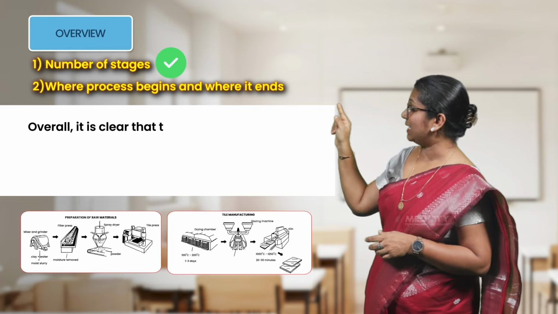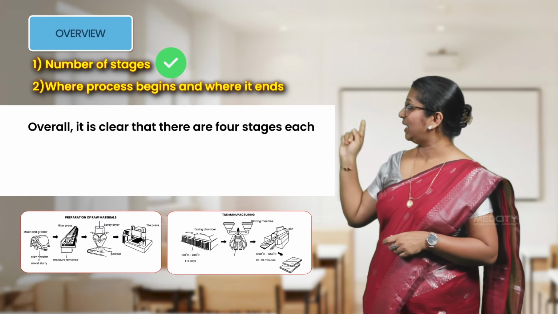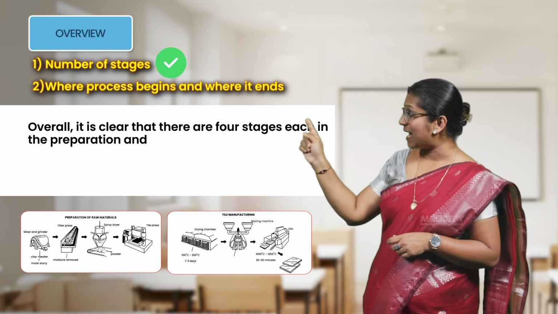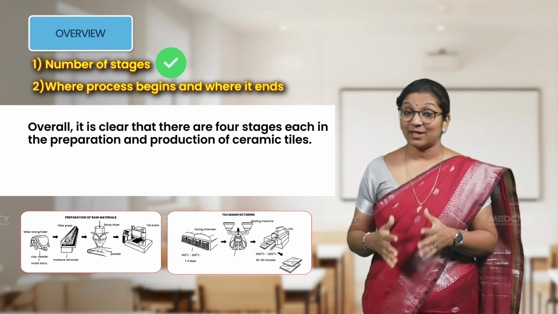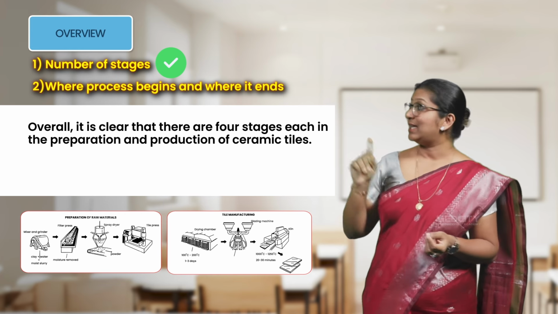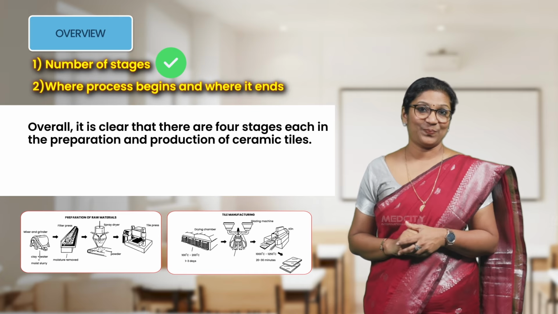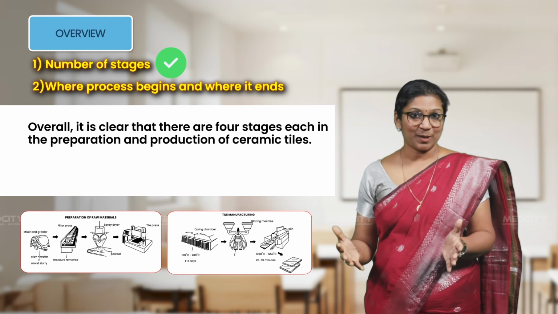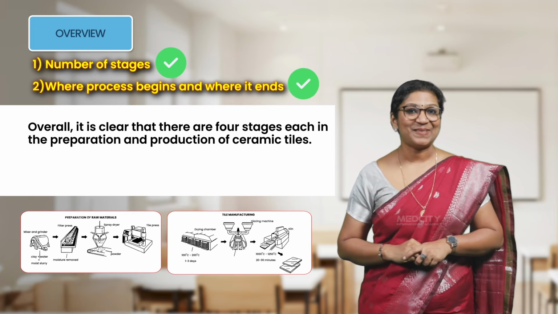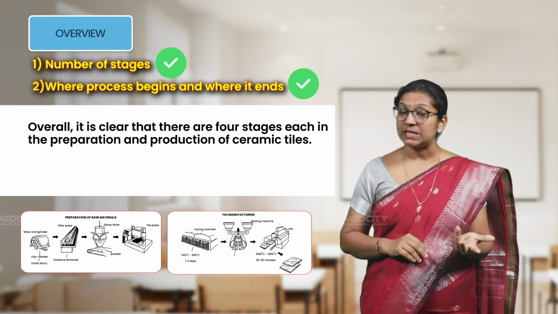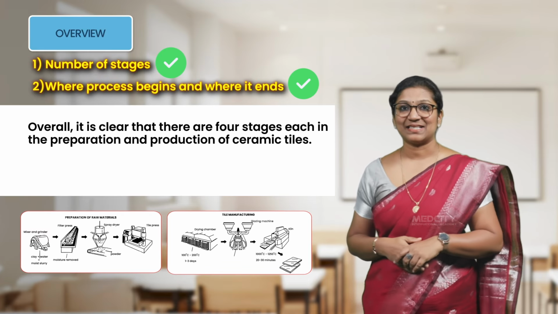Overall, it is clear that there are 4 stages each in the preparation and production of ceramic tiles. Full stop. Okay, so I've spoken about the total number of stages. Number 2, check. What else should I write? I should say where the process begins and where it ends. So here goes my next sentence.